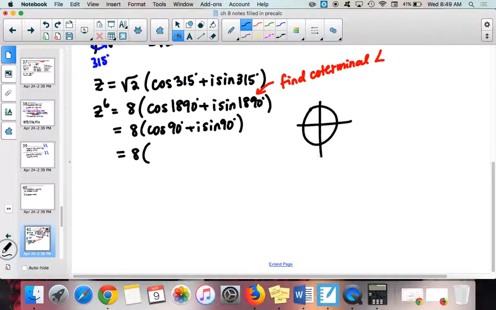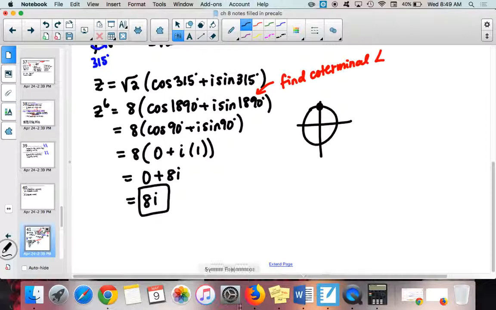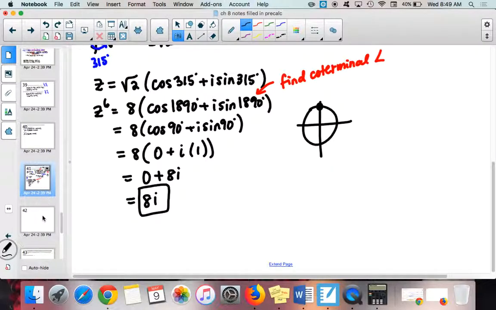Well, we got our unit circle. We're up here. Cosine is 0. Sine is 1. So we have 8 times 0 is 0 plus 8i. So our answer is just 8i. Does this make sense? One more? Or is that it?